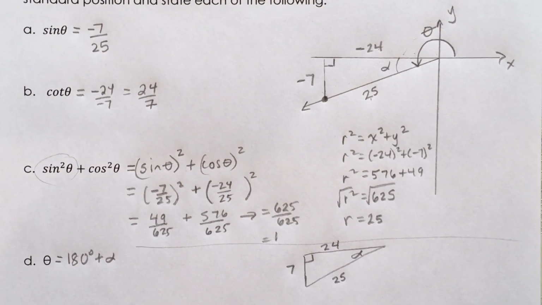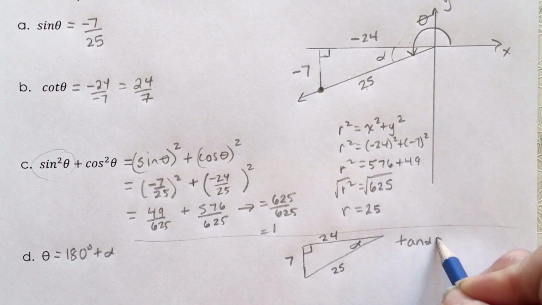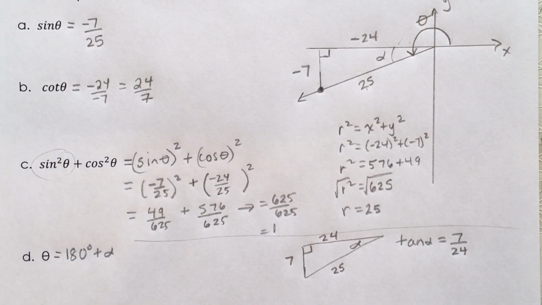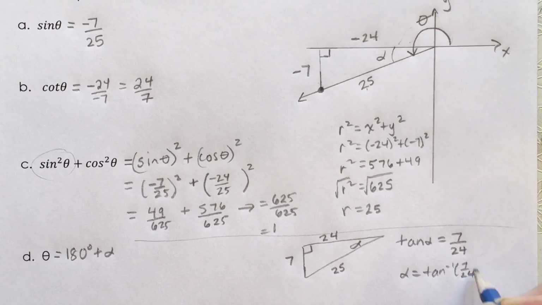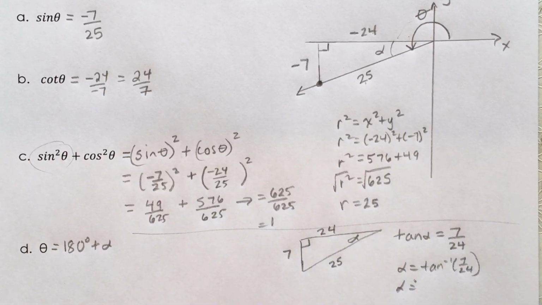And then we want to find angle alpha, so we can use tan if we wish. So tan of alpha is 7 over 24. Then alpha is going to be the tan inverse of 7 over 24, which means it's going to be approximately, make sure you're in degrees, 16 degrees.